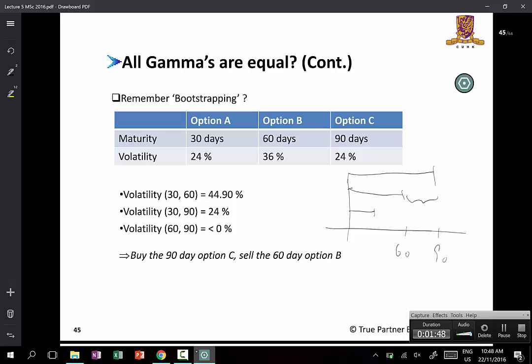It just so happens that when you do this forward calculation, the 30-day volatility starting from 60 days to 90 days is negative. Now this very rarely, I doubt you'll see that happening in real life, but if that was the case, okay, now when you buy options, what actually drives the price apart from the spot and the strike, interest rate and dividend and all that stuff?